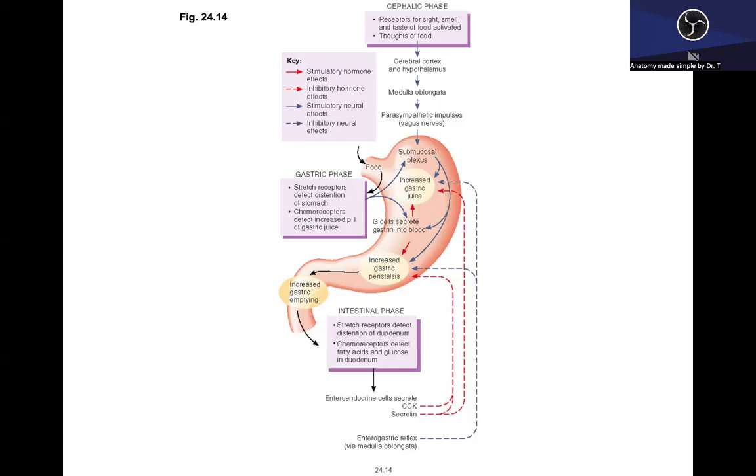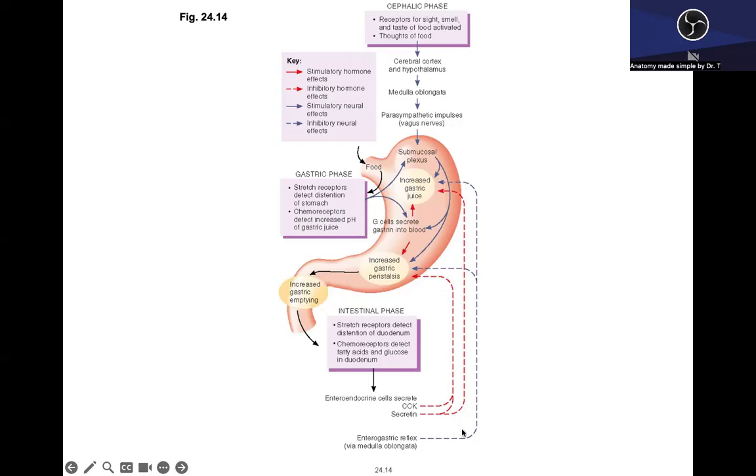As a result of the intestinal phase, enteroendocrine cells are going to start releasing cholecystokinin, CCK, and secretin. If you follow the red dotted line, you realize it's creating inhibitory hormone effects on the stomach to decrease gastric juice secretion. We also know that there will be increased contraction of the inferior esophageal sphincter, accompanied by relaxation of the pyloric sphincter.